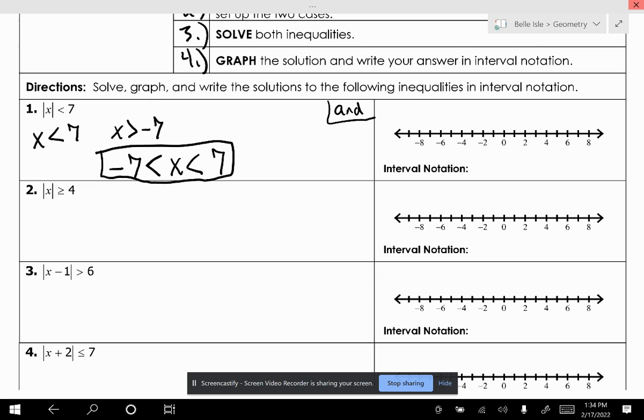Okay, so let's go ahead and graph it. We've got -7. We've got +7. Open or closed? Open. This is an and problem, so we know they're going into each other. Okay? Which makes our interval notation what?